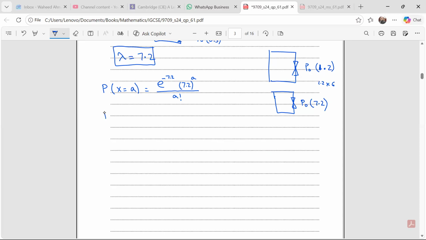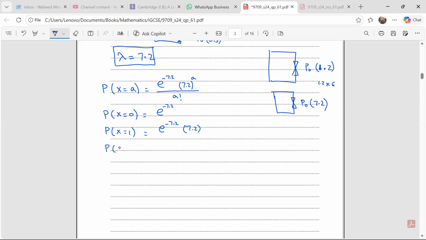So what's the probability that no passenger will show up? It is e to the power minus 7.2, since 7.2 to the power 0 is 1 and 0 factorial is 1. What's the probability that only one passenger will arrive? It is e to the power minus 7.2 times 7.2 to the power 1 over 1 factorial.